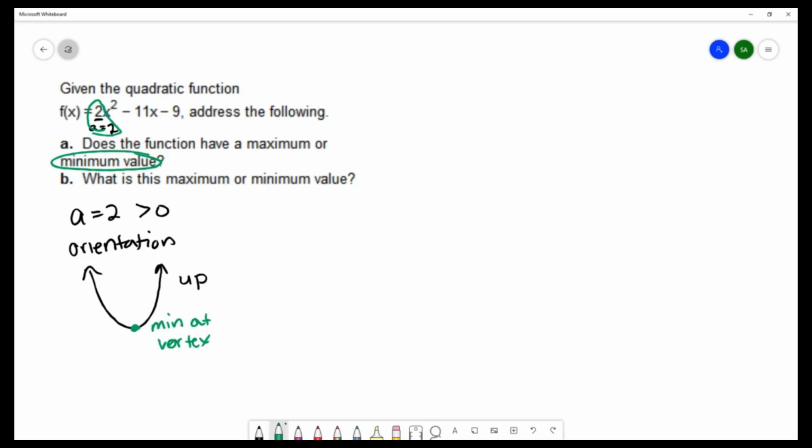And then we can find that minimum or maximum value by finding the vertex. I'm going to find the vertex with the vertex formula. And the vertex formula is negative b over 2a. You'll have to excuse me, I should write this as h. We usually label our vertex as (h, k).